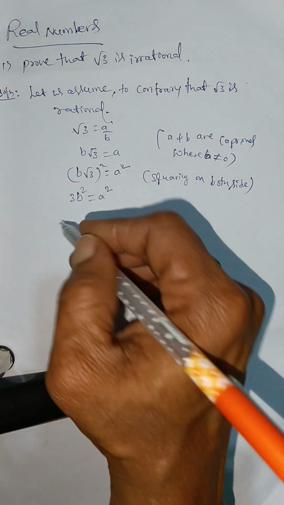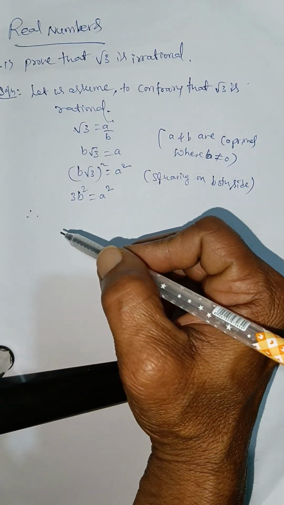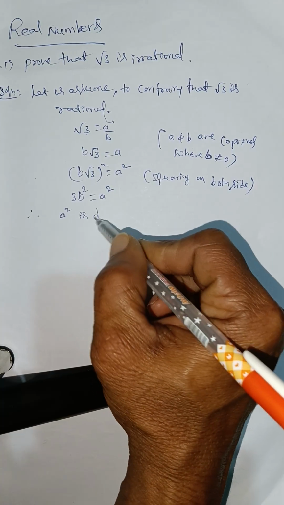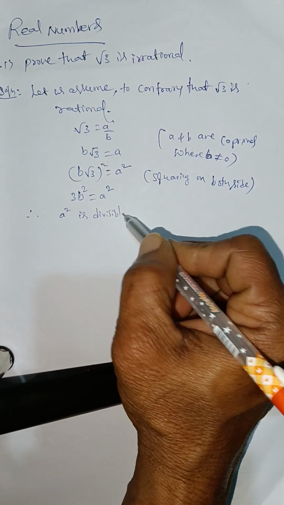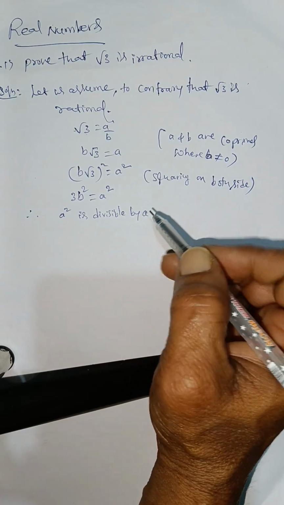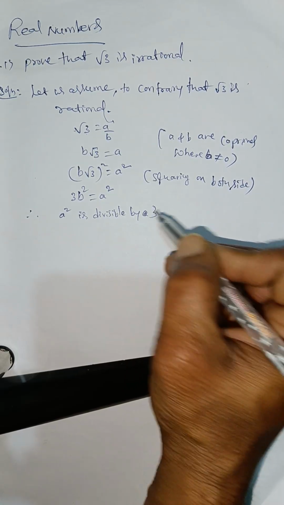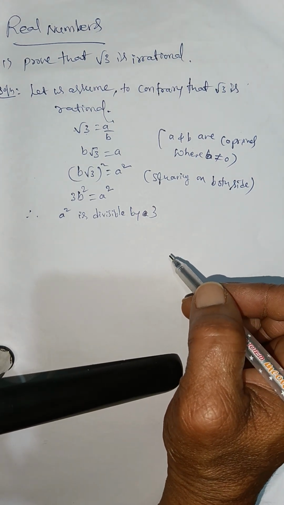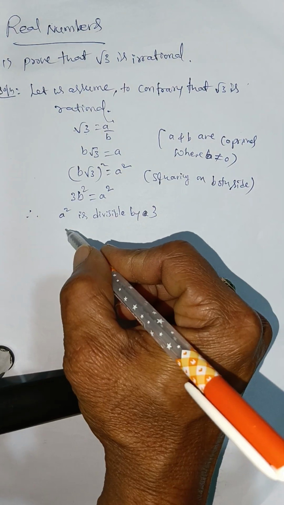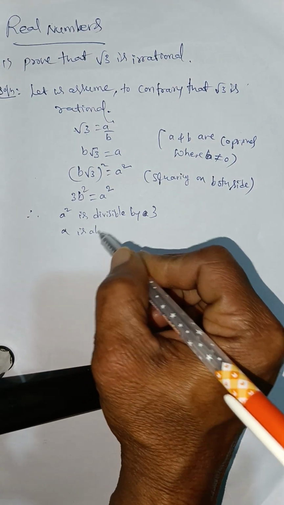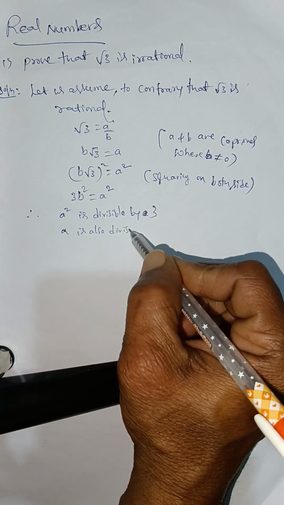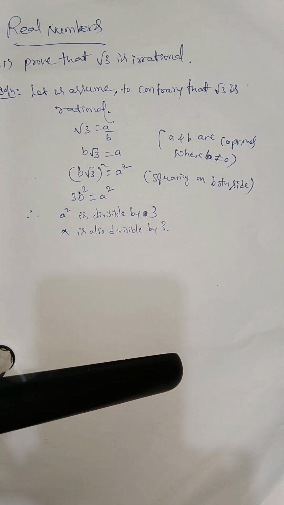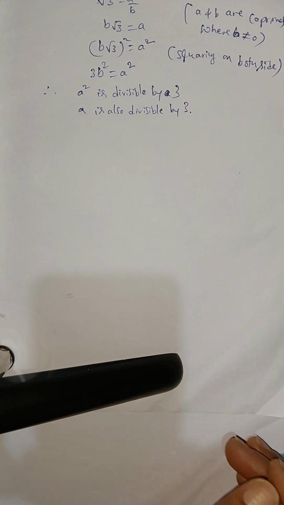So therefore, a square is divisible by 3, and also we can say a is also divisible by 3.